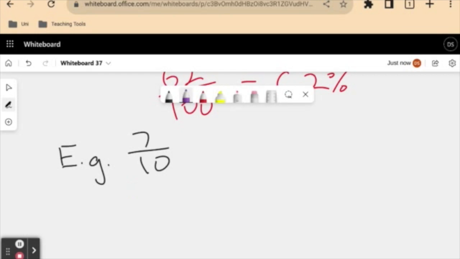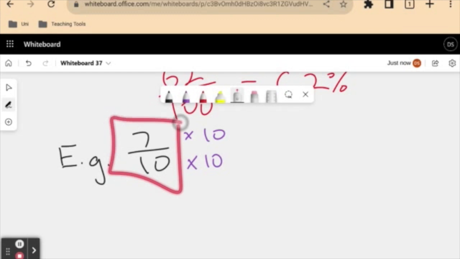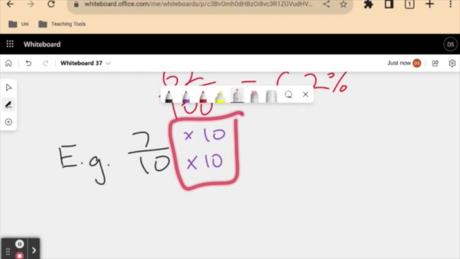Now, some of you may have picked up on the fact that, well, if we just multiply this by 10, then that'll give me 100 on the denominator. And because we're doing this to the bottom, we'll also do it to the top here because we need an equivalent fraction. We don't actually want to change the value of this. We just want to express it differently. We want to express this as a fraction, just scaled up by a factor of 10.